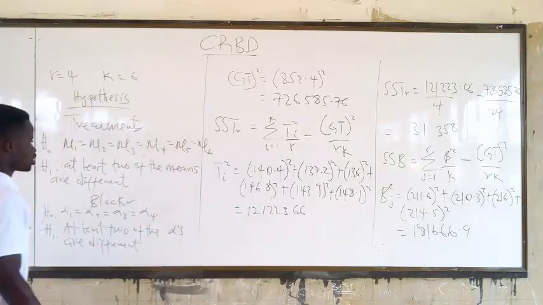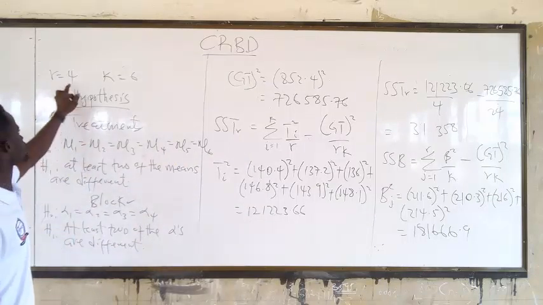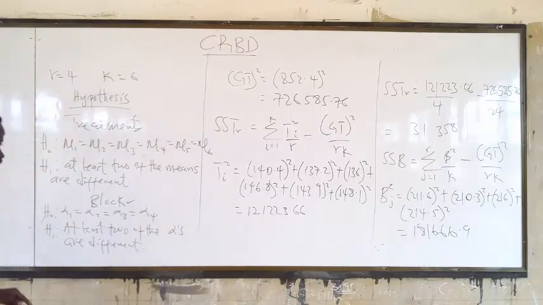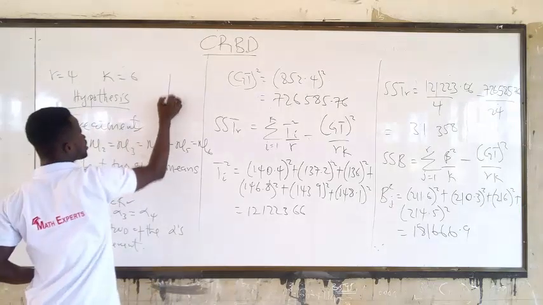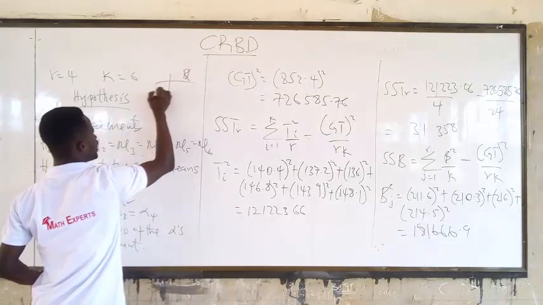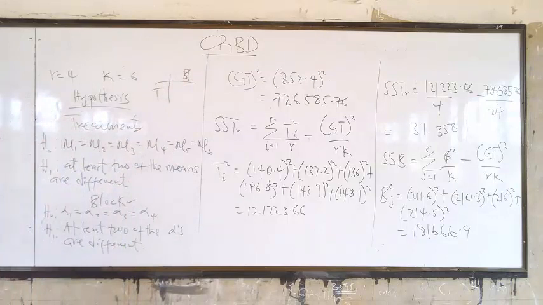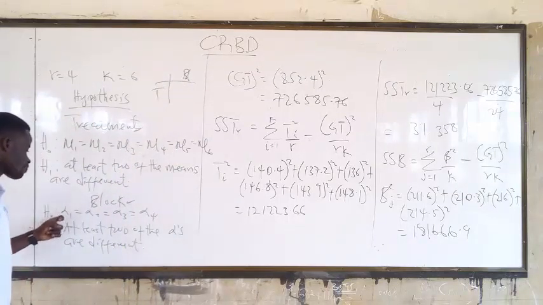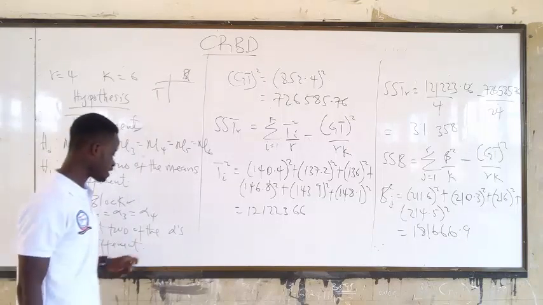You have to be careful with that. And also for the block, since the block is 4, because we have our table like this, this is the block and this is the treatment. Since you have used mu here, you can't use it again. So use alpha 1, alpha 2, alpha 3, alpha 4.